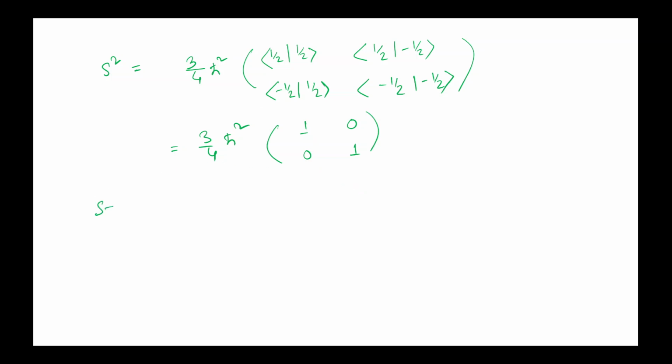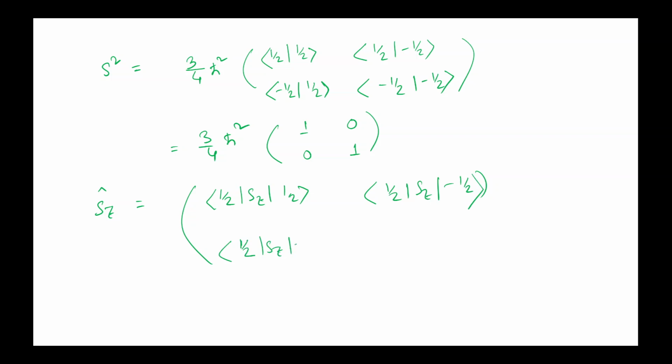Similarly, let's write down how the sz operator will look. You have <1/2, 1/2| sz |1/2, 1/2>, <1/2, 1/2| sz |1/2, -1/2>, then <1/2, -1/2| sz |1/2, 1/2>, and <1/2, -1/2| sz |1/2, -1/2>.